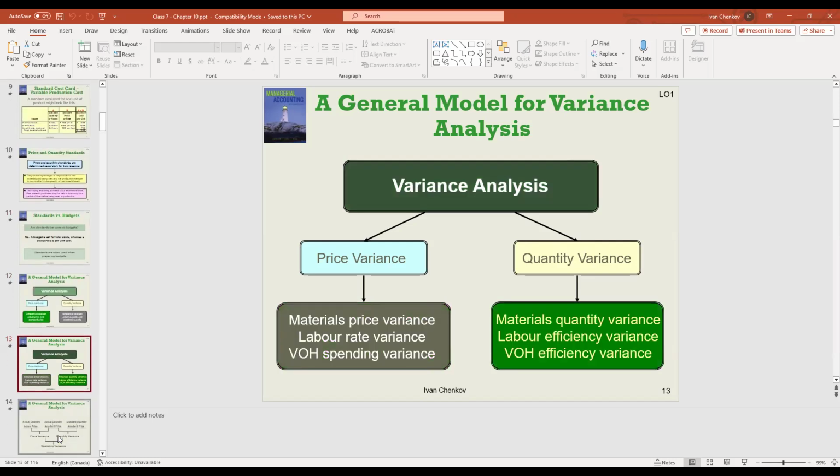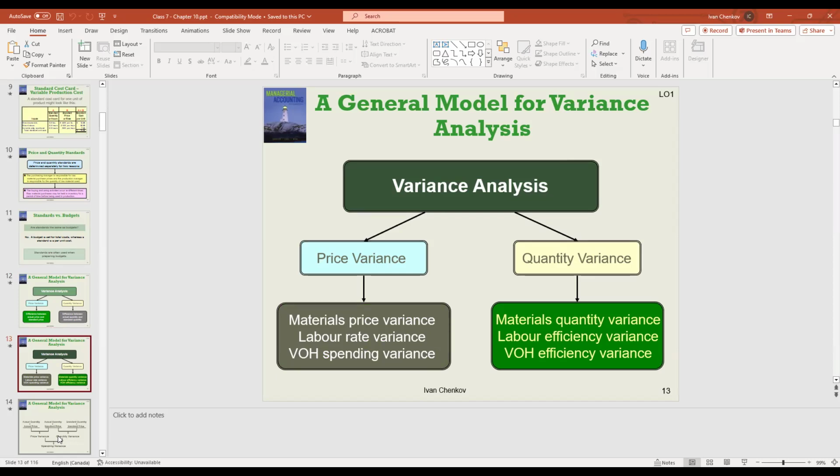How are we going to name it? The price variance for the direct material will be called direct material price variance. For direct labor it will be direct labor rate variance. For variable overhead it will be the variable overhead spending variance.